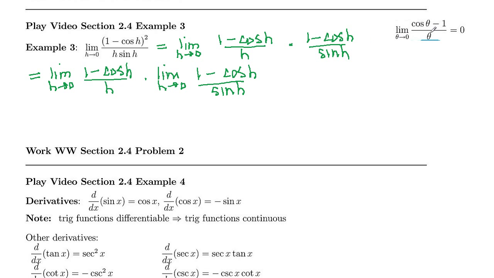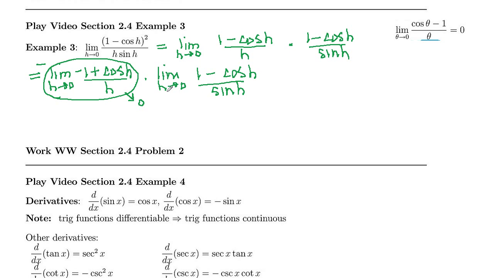If we replace the theta with an h, we'd have cosine h minus 1 over h. Well, this is just the negative of that. So if we wanted to, we could put a negative out in front and then change this to cosine h minus 1. So this piece here is going to approach 0. And then as long as this limit doesn't go to infinity, we'll be okay.